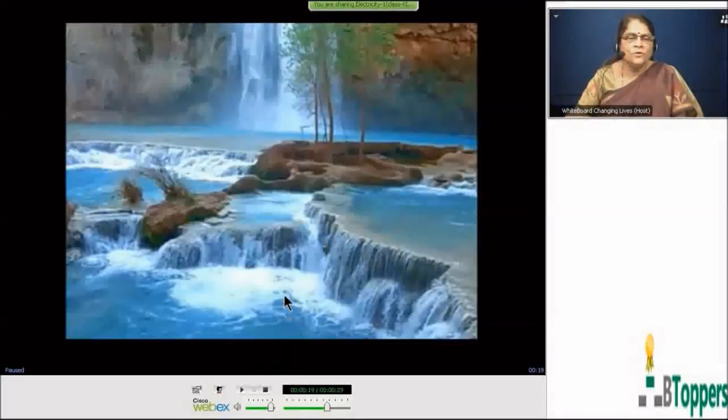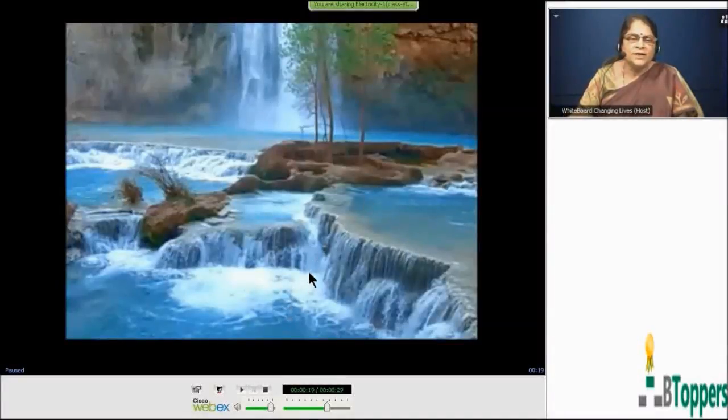Can this water flow in this direction from bottom to top? We are observing that water is always flowing from a higher level to a lower level. Here also it is flowing from a higher level to a lower level, here also. So everywhere, wherever water is flowing, it is always flowing from a higher level to a lower level. It cannot flow from a lower level to a higher level.